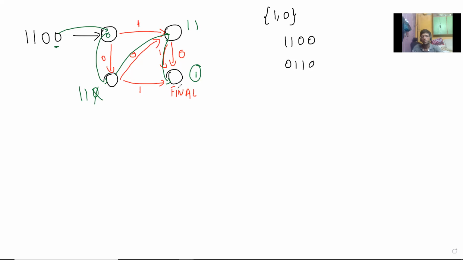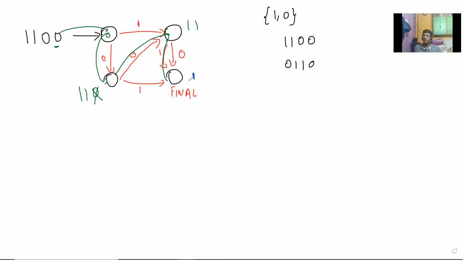Again a 1 is left, but nothing can be done with that 1. It remains and gets stuck.